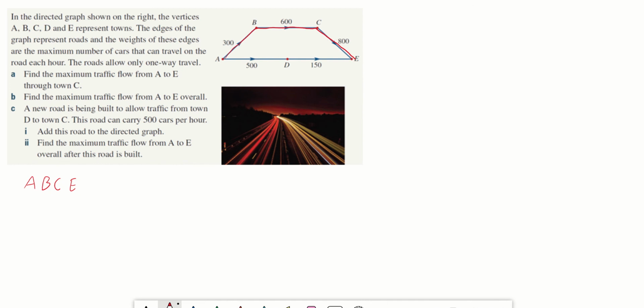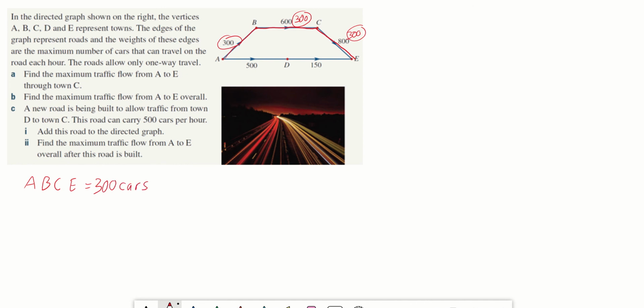Taking what we just did, we look at the smallest pipe. I still always think about them as pipes, but the smallest amount of cars is 300. So I'm going to be using 300 along here, 300 along here, and then of course the 300 that was there. So the answer to A is just 300 cars.